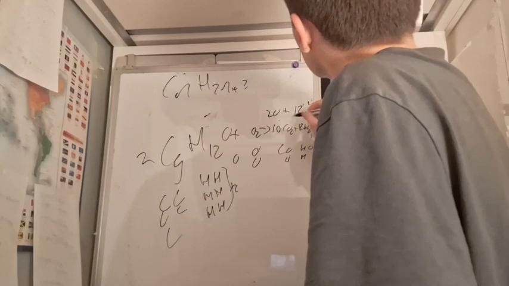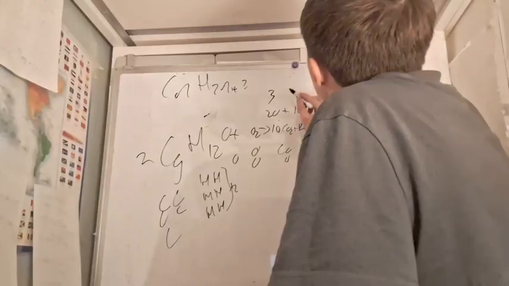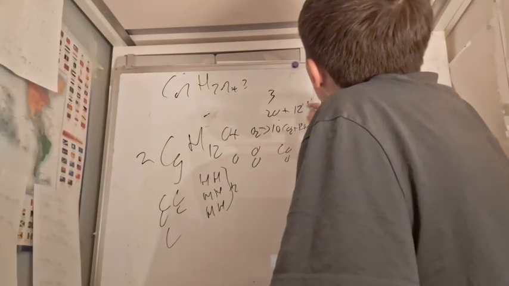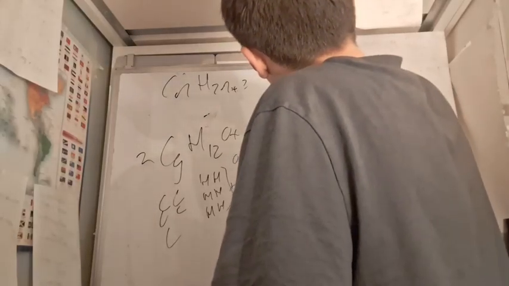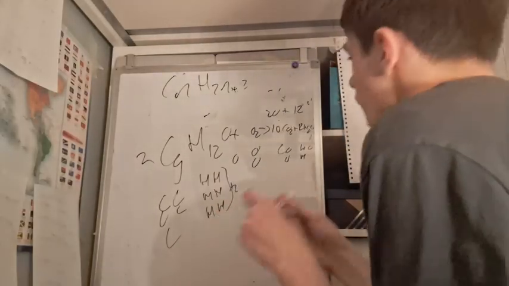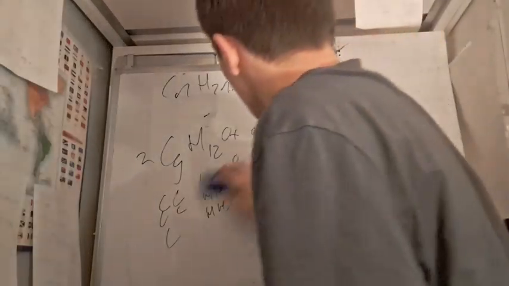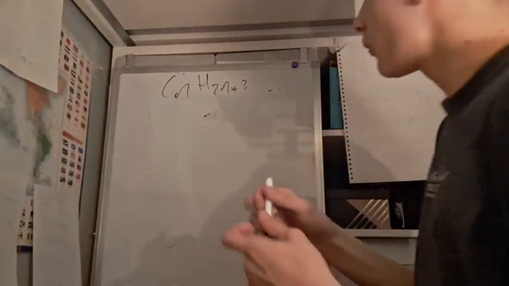So we get 30. What was 32? You need to take 1 away. Actually, wait, hold on. Hold on, I feel like I've done that wrong. No, pentanol can be combustible. I don't know what I'm doing.